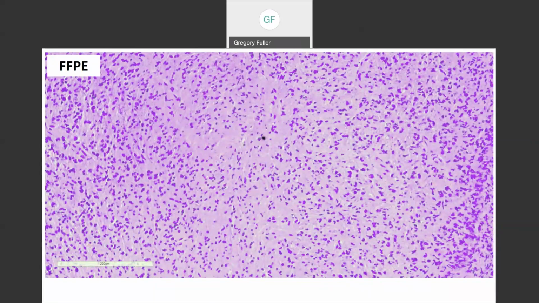Once the tissue has been frozen, the artifacts induced by the freezing process, which distort everything, especially round regular nuclei, distorted to look like astrocytoma, that artifact is maintained when it's processed into paraffin. So the paraffin has no magic power. It's the freezing which distorts the nuclei.